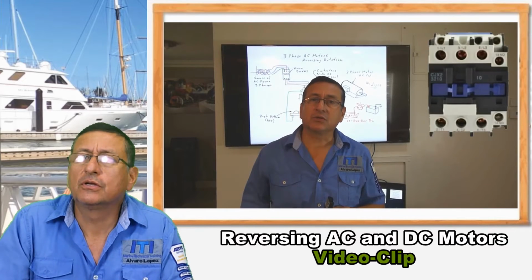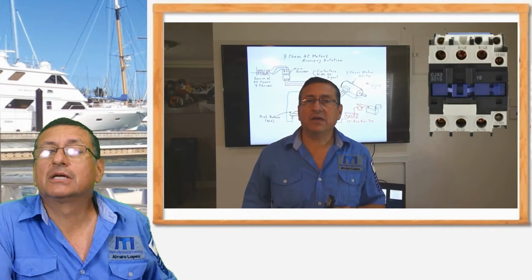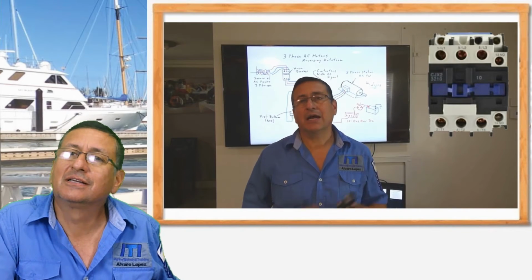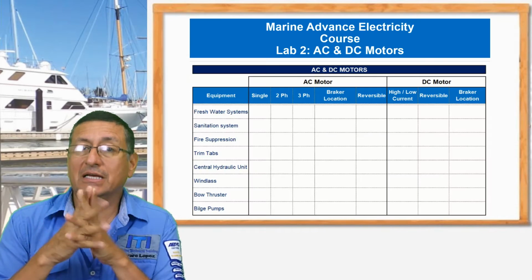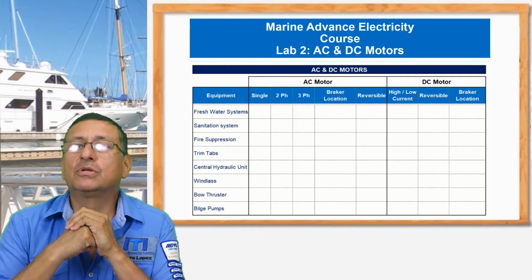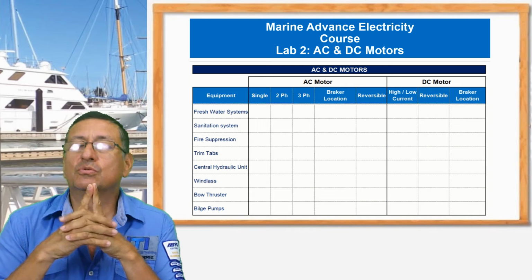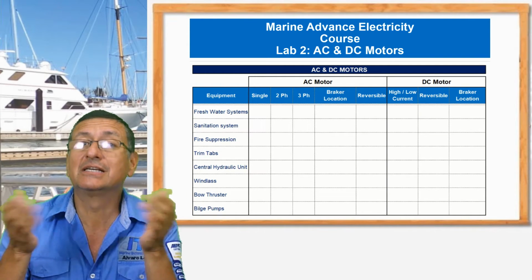If not, try to review the theory about contactors and how to reverse AC motors with contactors. Yeah? This is wonderful. This is nice. Try to check the different types of motors that you have in your boat. Try to check if those motors are with brushes or without brushes.